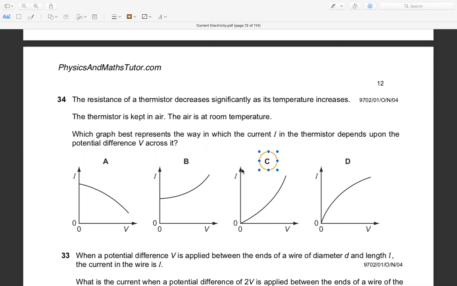V over I itu cenderung akan naik seperti ini ya, karena ini dibagi X over Y. Kecuali kalau V di sini, I di sini, grafiknya seperti ini. Karena V-nya di sumbu X, I-nya di sumbu Y, so the graph is like this one. Okay, see the best answer.